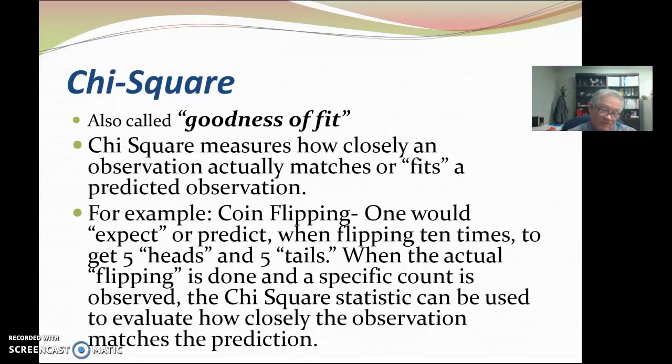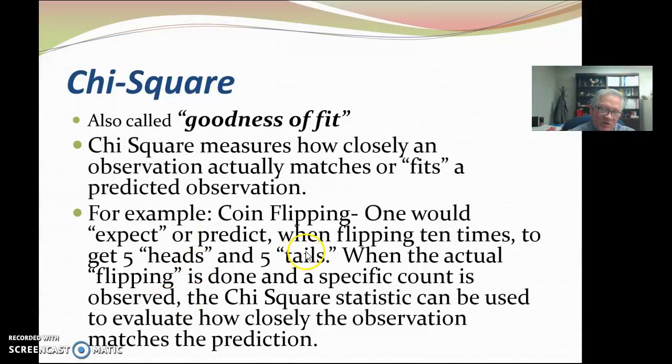That would certainly be expectable. When the actual flipping is done and a specific count is observed, you get maybe 7 heads and 3 tails. Then the chi-square statistic can be used to evaluate how close your actual data is to what you predicted. How well does your outcome fit what your prediction was?